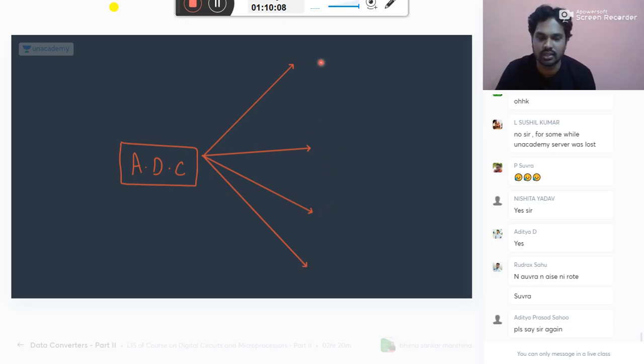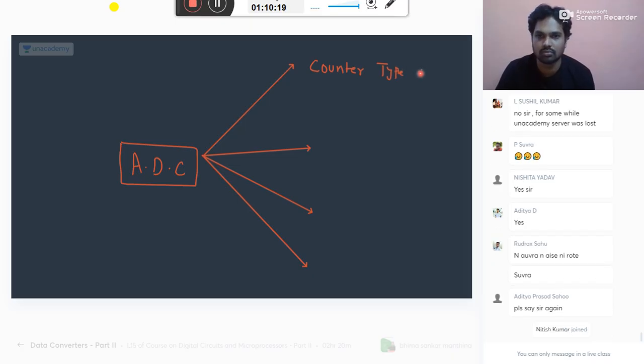In that, first one is counter type ADC. Next, flash or parallel comparator type.